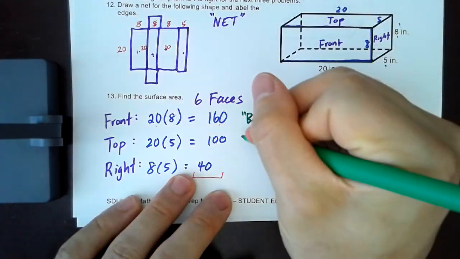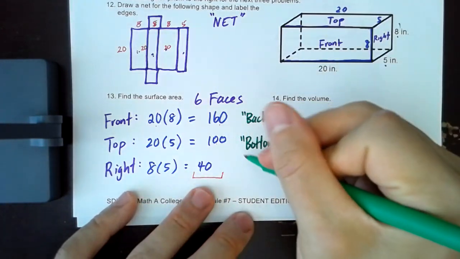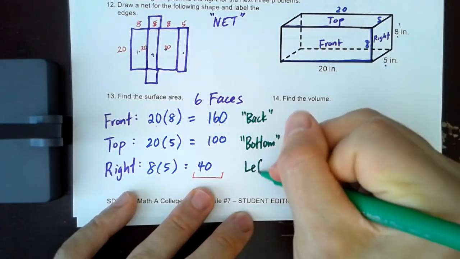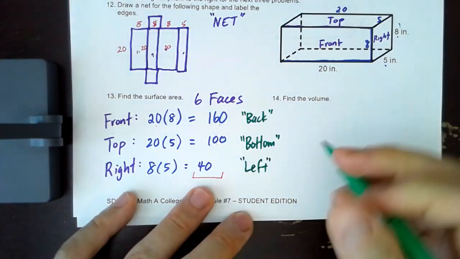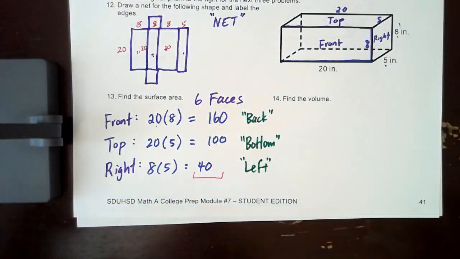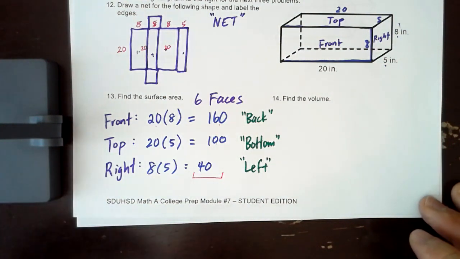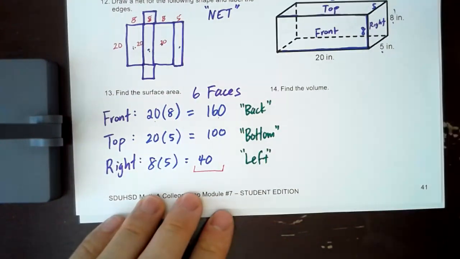If you have a top, you must have a bottom. And if you have a right, you must have a left. So what I like to do, which is the shortcut to this, and now this only applies to rectangular prisms, right? You can't do this to other 3-dimensional shapes.